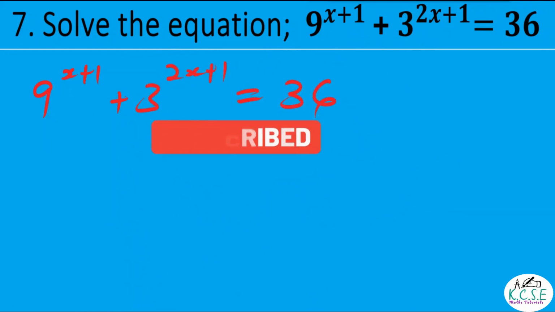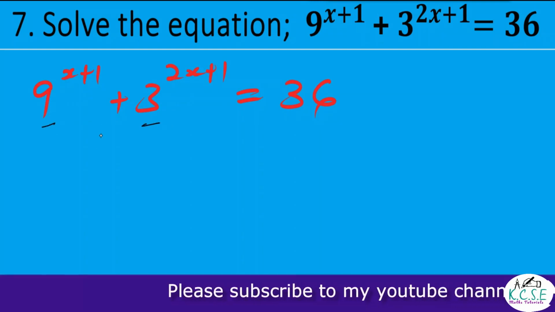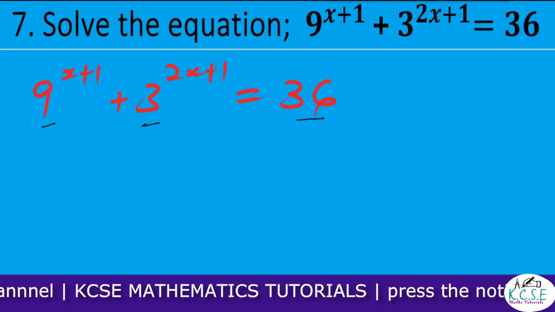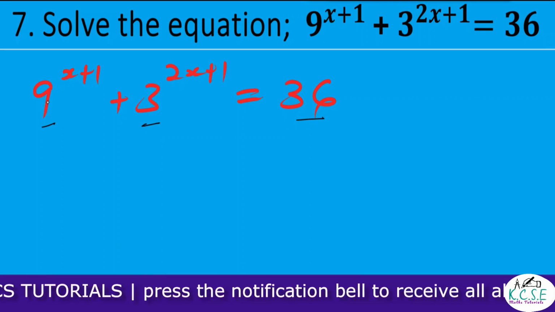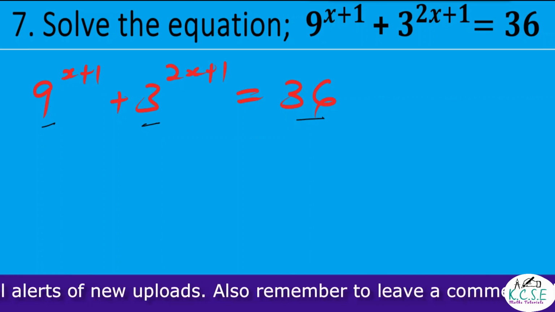So the first thing you're going to do is to express this 9 to the base of 3, so that it is uniform with the other term. So we can first ensure that this 9 is written to the base of 3.